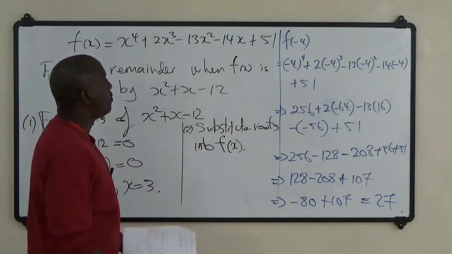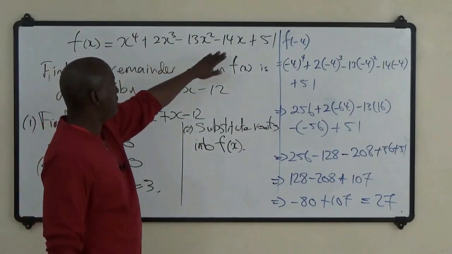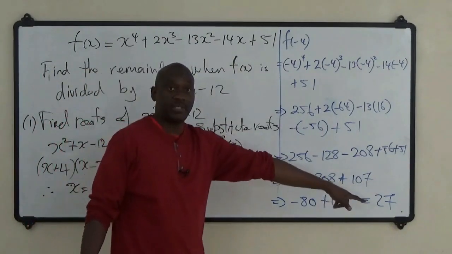So when we substituted minus 4 into the dividend, we got 27 as a remainder.